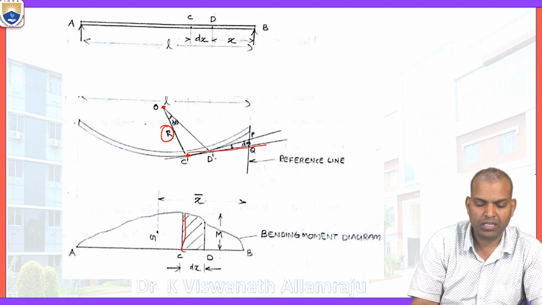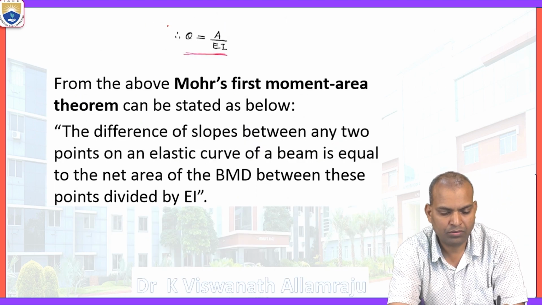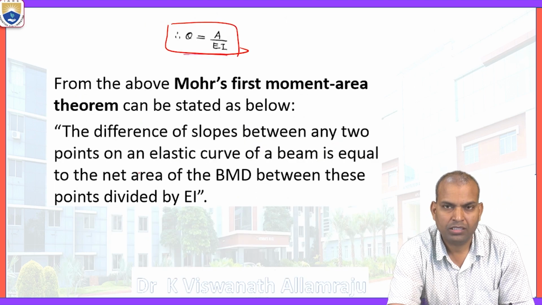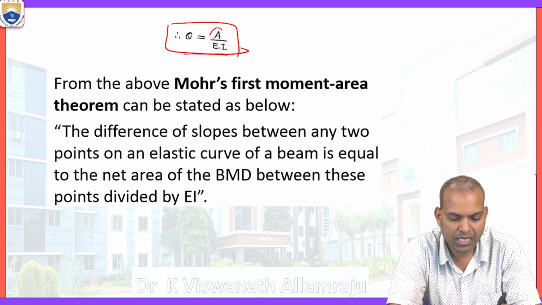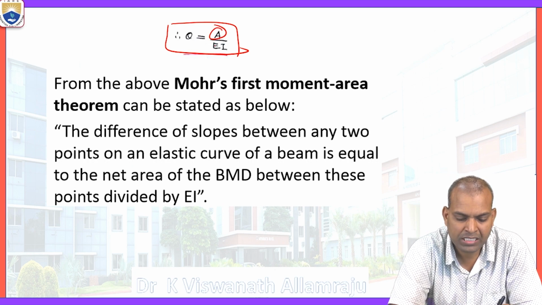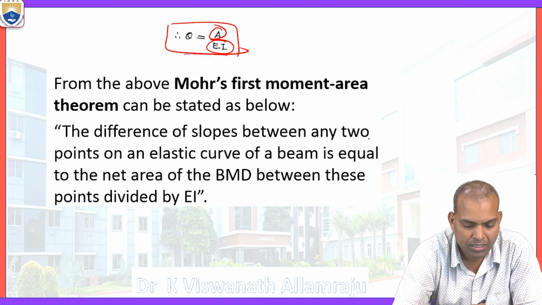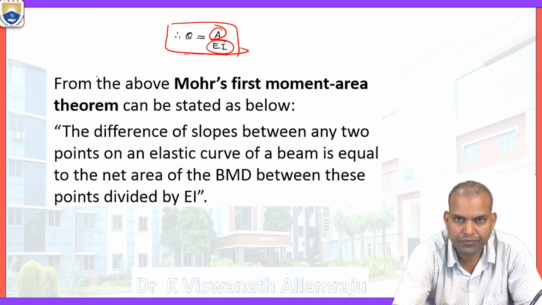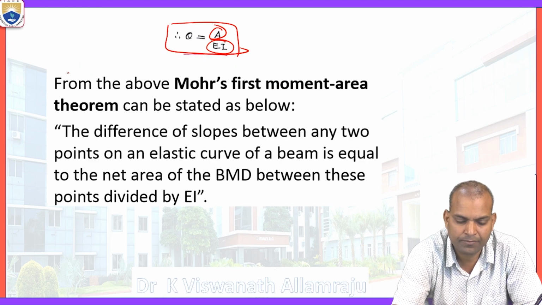In terms of theta, if we derive it, theta equals A by EI, where A is the area of the bending moment diagram and EI is the flexural rigidity. This is Mohr's first moment area theorem. What is Mohr's first moment area theorem?